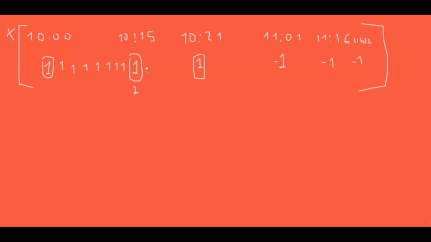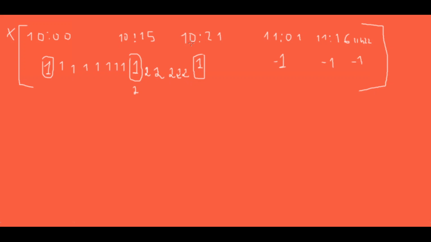Now we continue with this, and we will see more 2s like 16, 17, 18, 19, 20. This is our cumulative sum until 10:20.